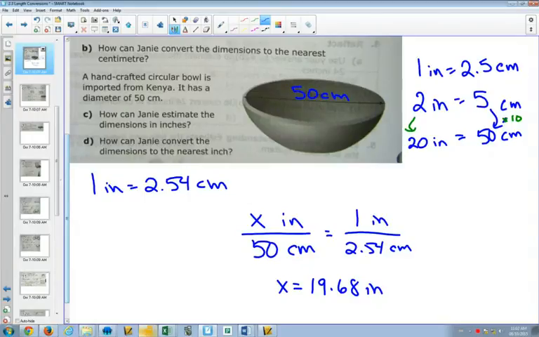I guess I need to round. If I round to 2 decimal places, I'll write 19.69. And then to the nearest inch, we'd round up to 20 inches. So our estimate actually got the answer, because we were using something very close, 2.5 centimeters, when it was actually 2.54. If we wanted more of an exact answer, the proportion gives us a more exact answer.